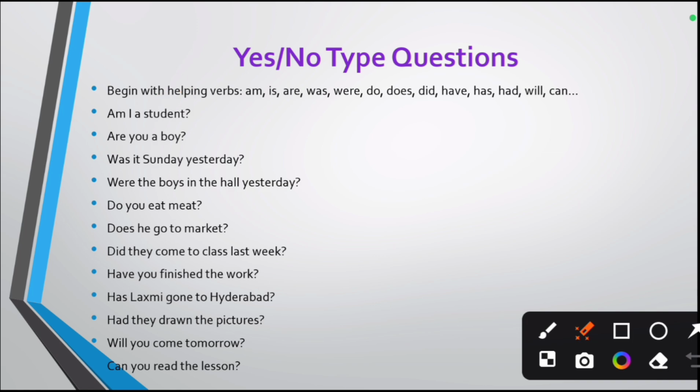As, is, am, are, was, were, do, does, did, has, had, have, will, can, could, shall, should. All these are known as helping verbs. The questions that start with these helping verbs are known as yes or no type questions, which come under interrogative questions. I guess I'm clear.